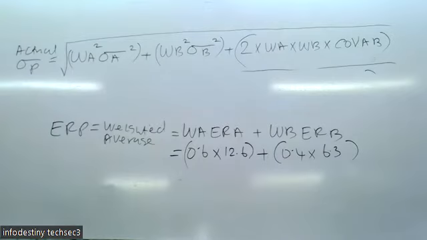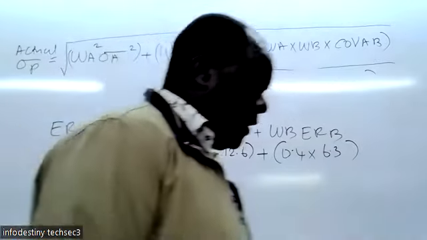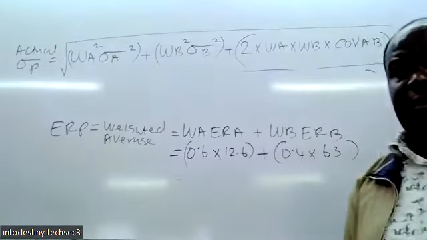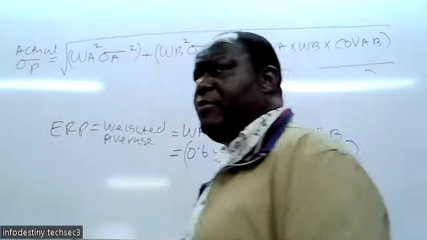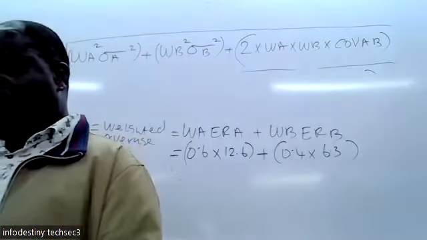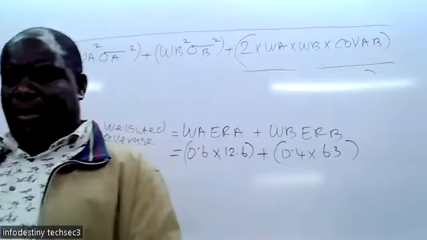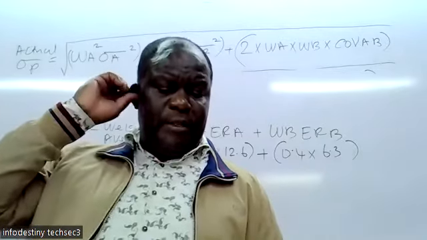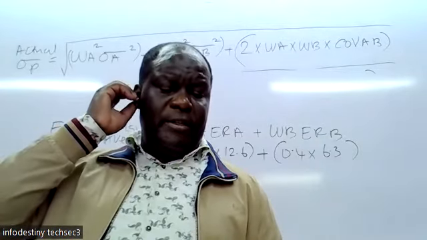That question 4, part C, reads that Frederick Onyango, a prospective investor, is considering buying shares of company A and company B, which are currently selling at shillings 40 and 50 respectively at the Securities Exchange.